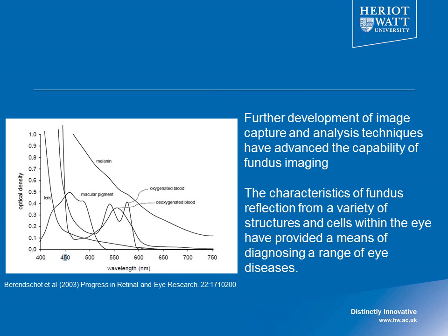So further development of image capture and analysis advanced this capability, and we know that the characteristics of fundus reflection exist from a variety of structures and cells, and that in terms of oximetry we're essentially interested in this portion in terms of hemoglobin, oxygenated and deoxygenated blood, and the reflective properties of the light that comes back.